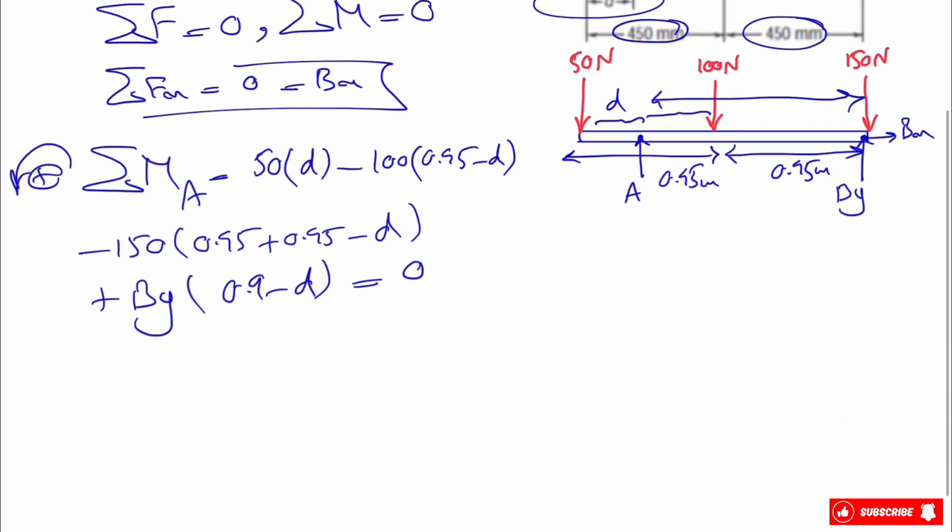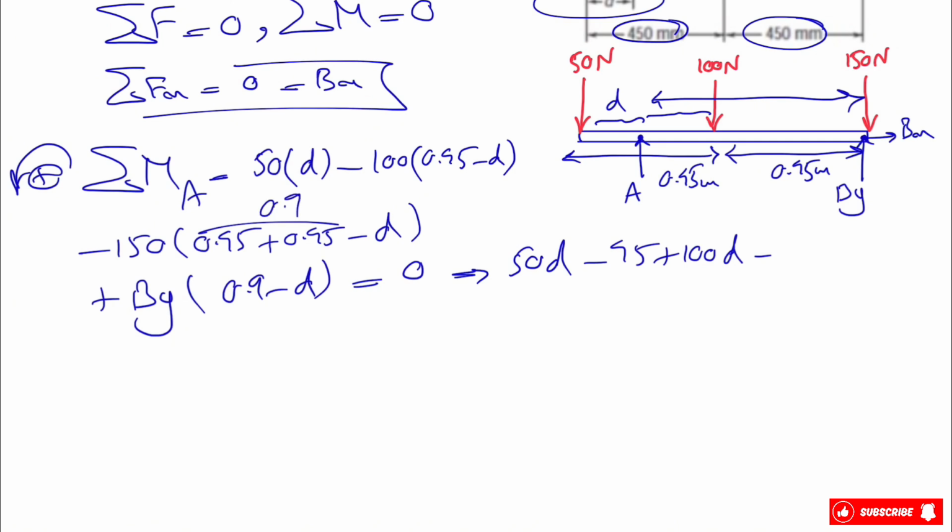Let's break it down and see what we can get. From the first one, we have 50 times D, minus 45, plus 100D, minus 150 times 0.9, which is minus 135, and minus 150D, plus 0.9By, minus ByD equals 0.